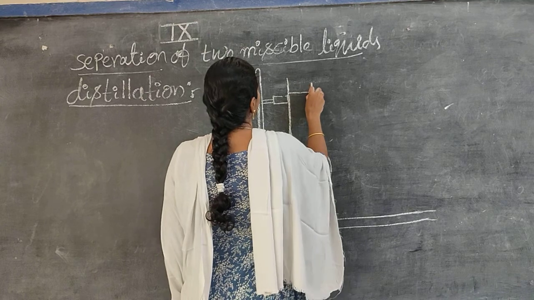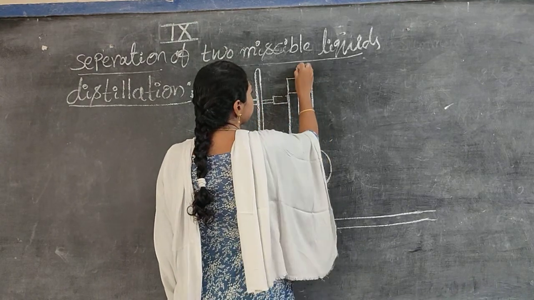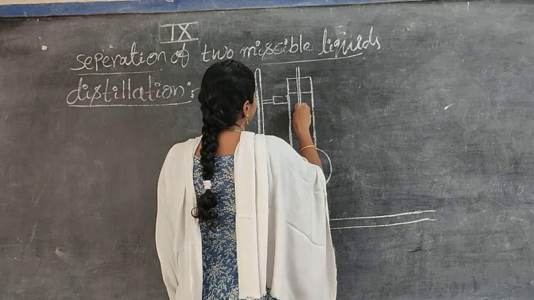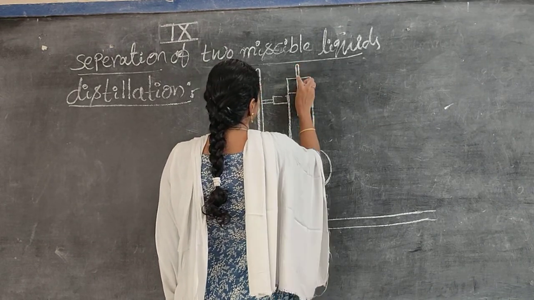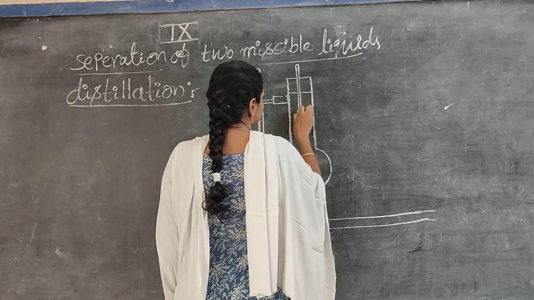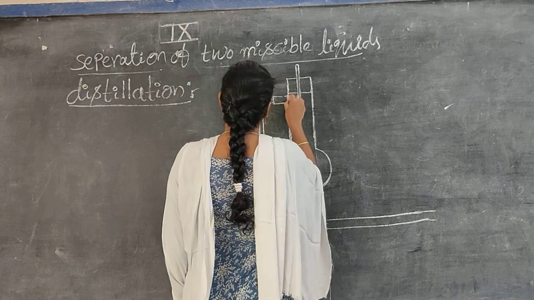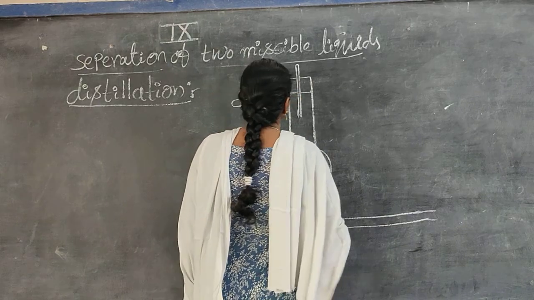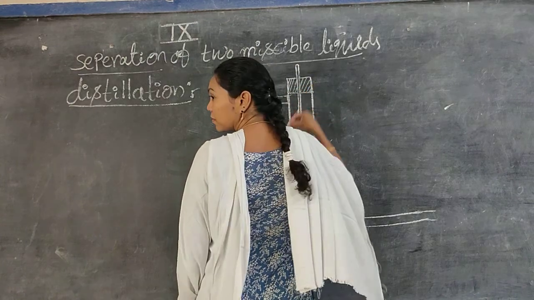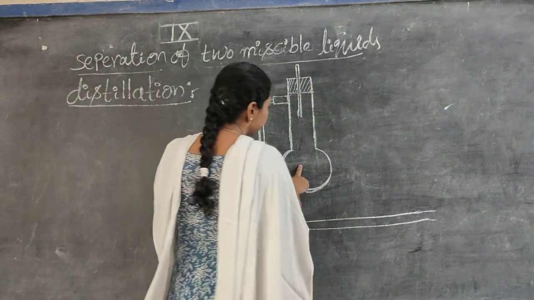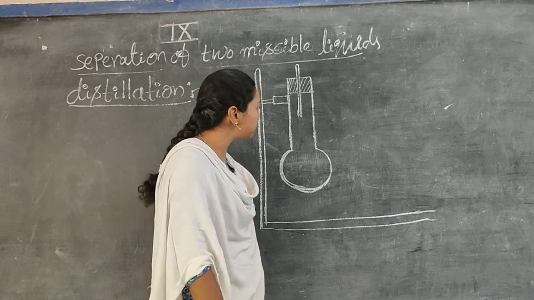This is the one hole rubber cork. By using this one hole rubber cork, we are arranging a thermometer. This is the thermometer, which can indicate the temperature minute by minute. This is the distillation flask or RB flask, the round bottomed flask.